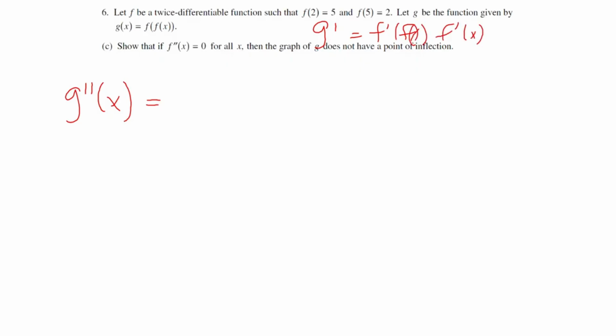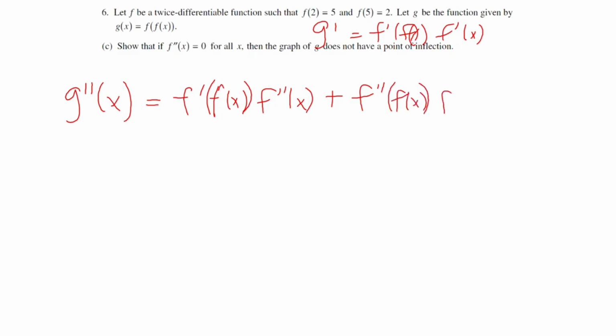So to find the derivative there, we just have to use the product rule. So that'll be the derivative of f prime of f of x times f prime of x. That'll give us f prime of f of x times the derivative of f prime, which is f double prime, and then plus the derivative of f prime of f of x, which will be f double prime of f of x times f prime of x, and then times another f prime of x.